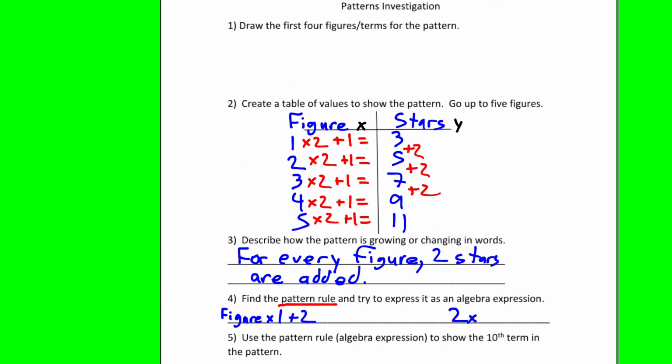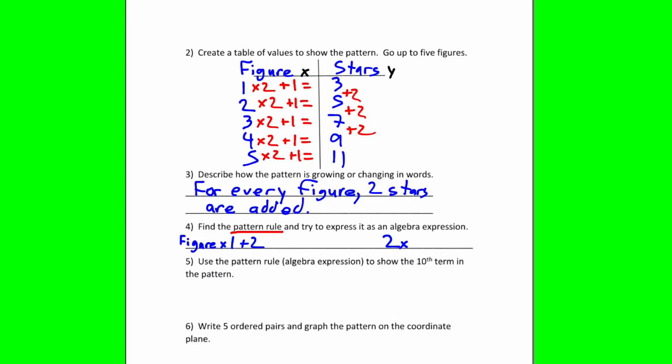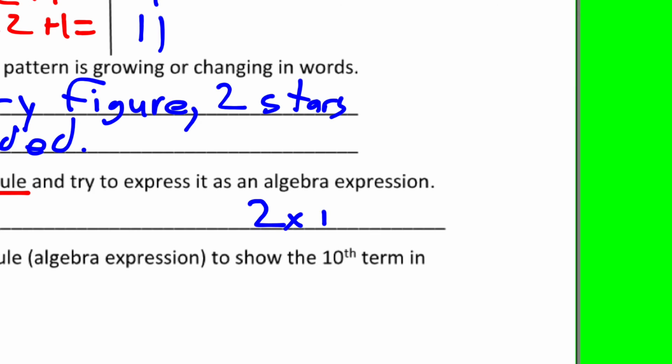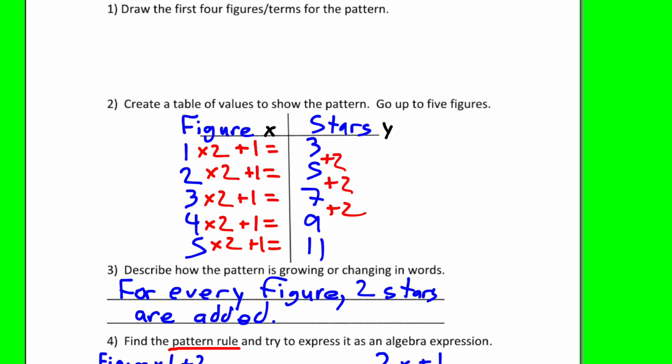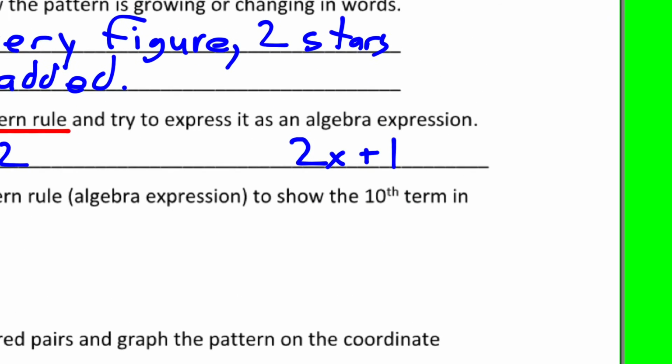And then all we have to do is add 1 onto that. 2x plus 1. And we call that the algebra expression. This means 2 multiplied by the figures, because figures are x, plus 1. And that's the proper way we write an algebra expression. This means 2 times the figures plus 1.